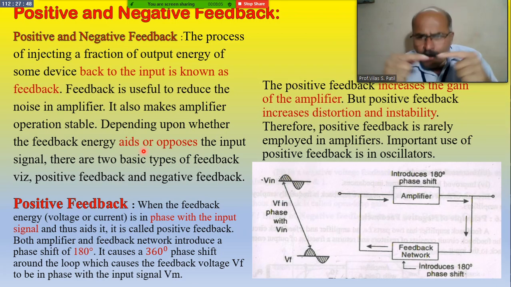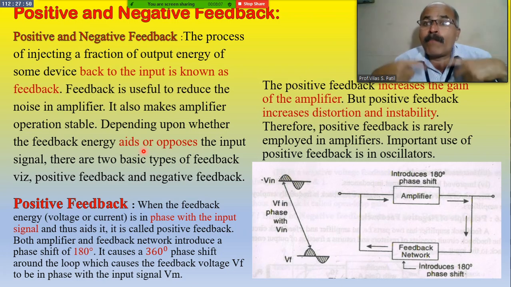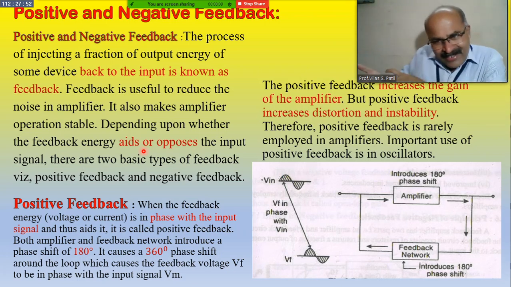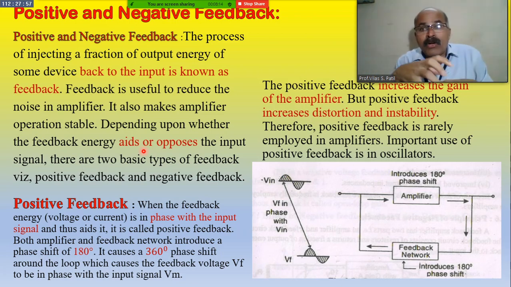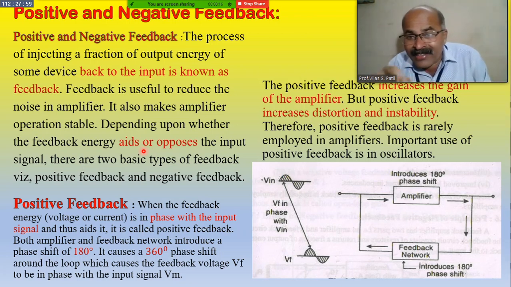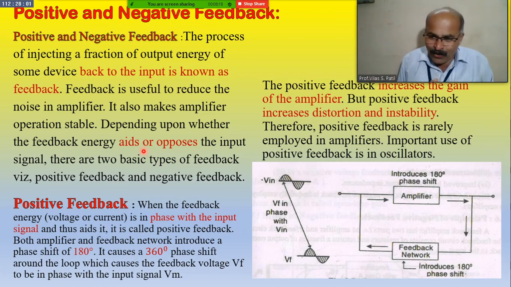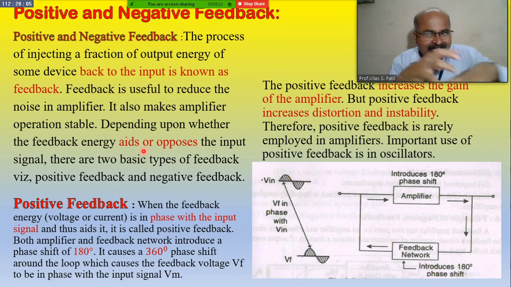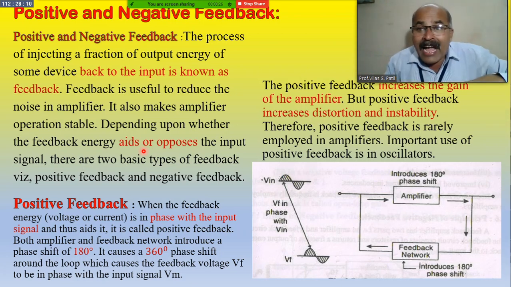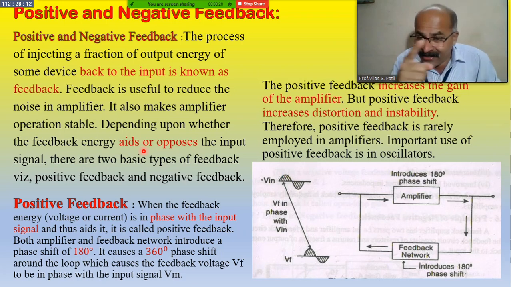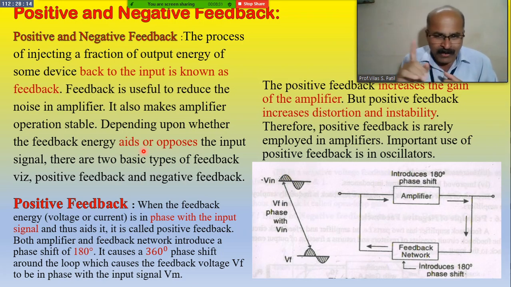If the process is opposite, if it is going to oppose each other, that is, the fraction of the output and the original input are opposite to each other, then the feedback is negative. If the fraction of the output and original input are supportive to each other, adding to each other, then that will be known as positive feedback.